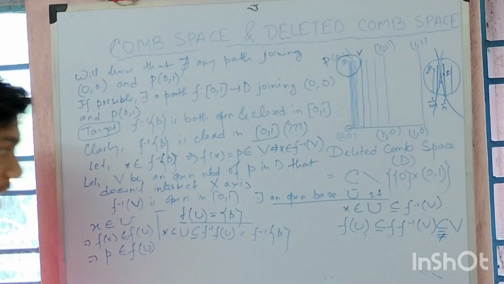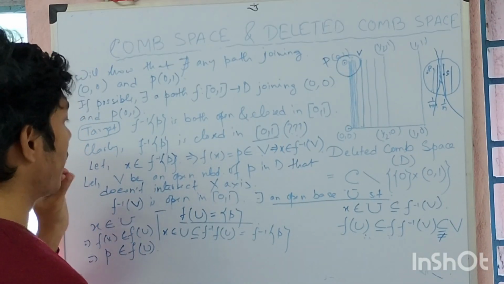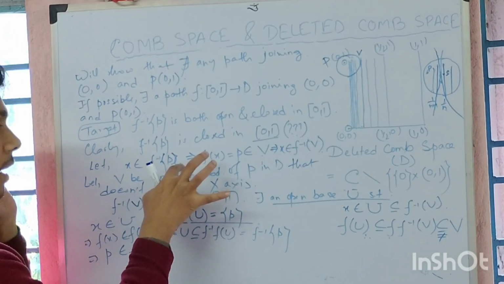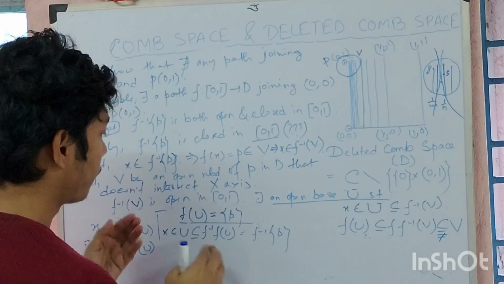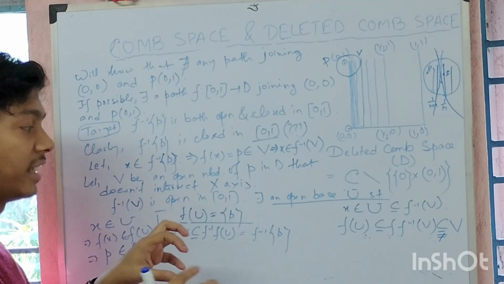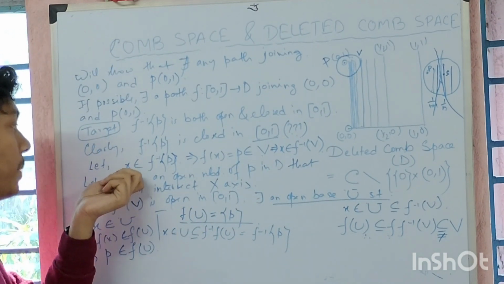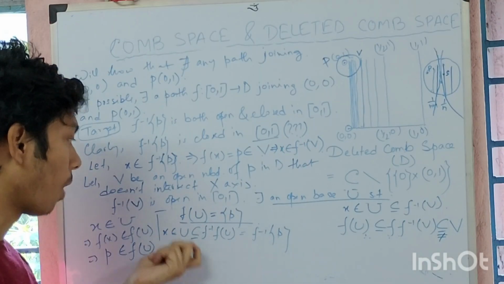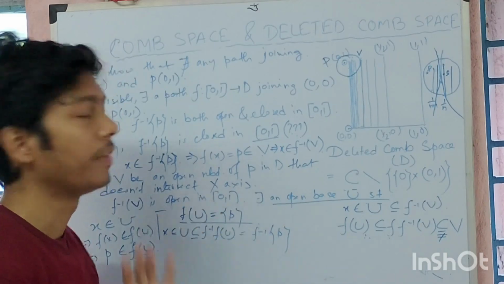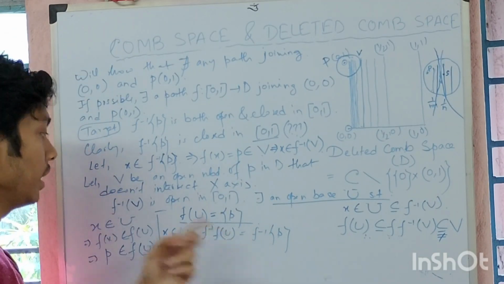So what do I get? I have taken an arbitrary point x from F inverse P, and I have got an open neighborhood U containing x that is contained in F inverse P. So x is an interior point of F inverse P, and x was arbitrary.